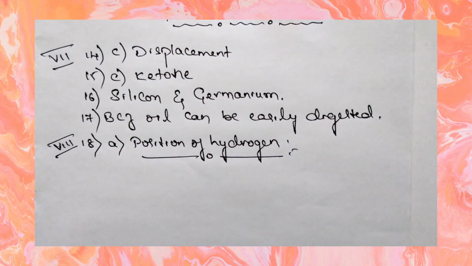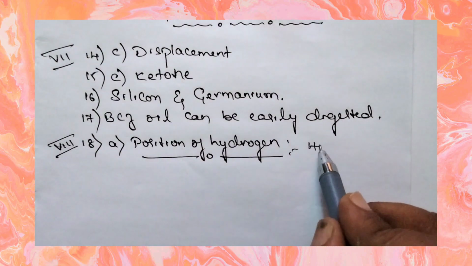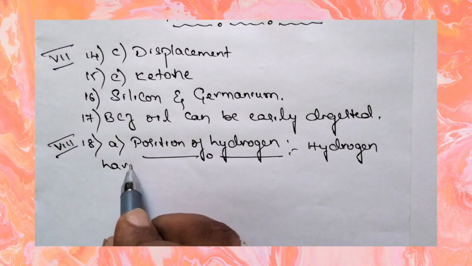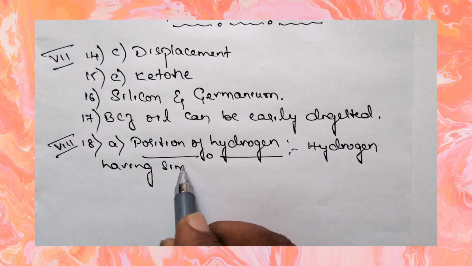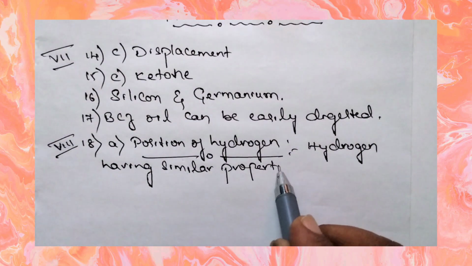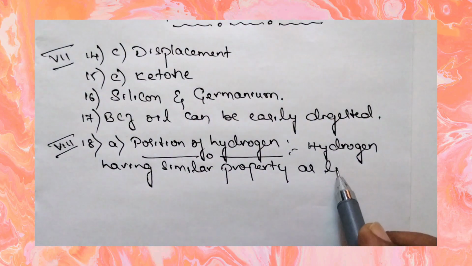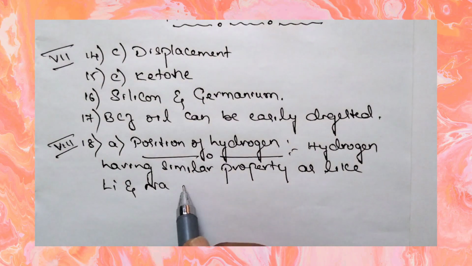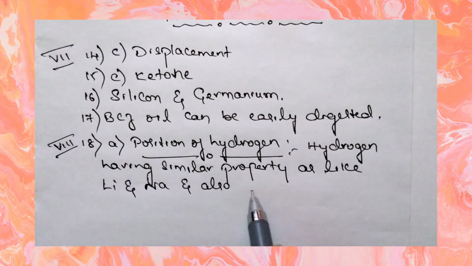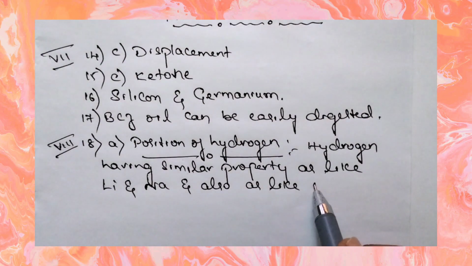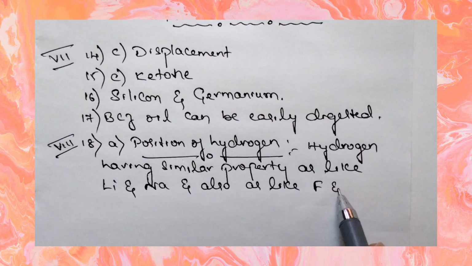What is the meaning of this position of hydrogen? Hydrogen has similar character, similar properties as lithium and sodium, and also as fluorine and chlorine.